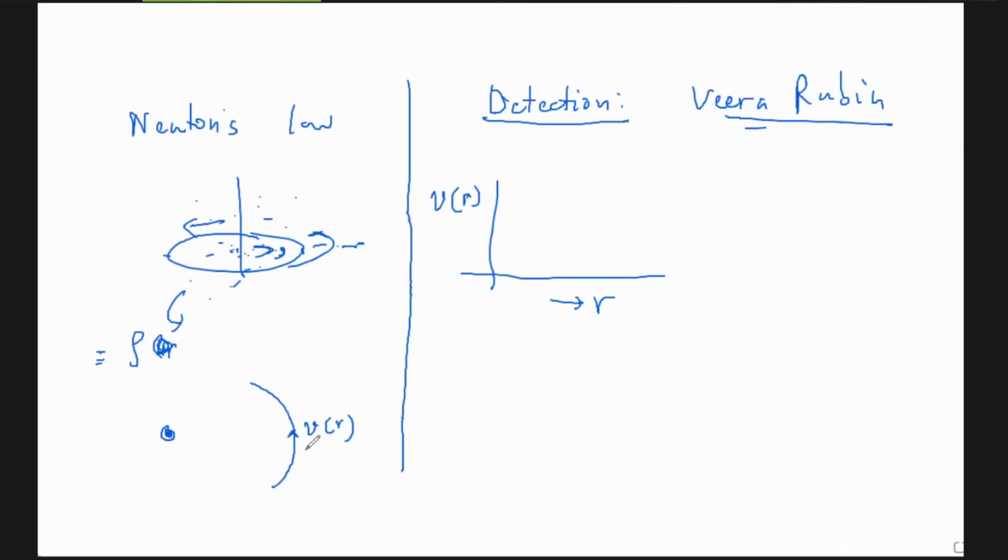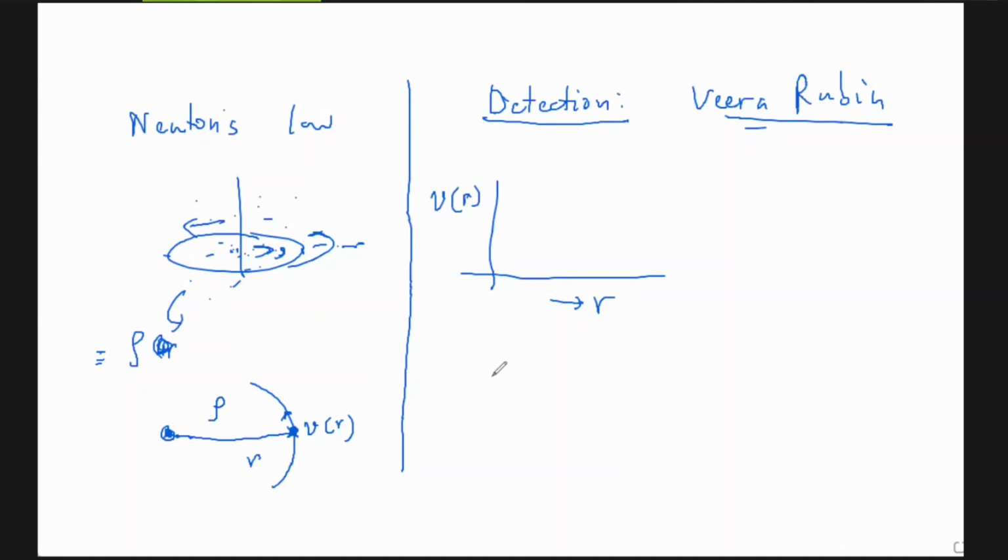So take a unit mass here, m of unit mass. How do you calculate the velocity using class 12 mathematics? There is some mass inside with uniform density rho, and that is the distance r. There is nothing special here, just the center of the galaxy.